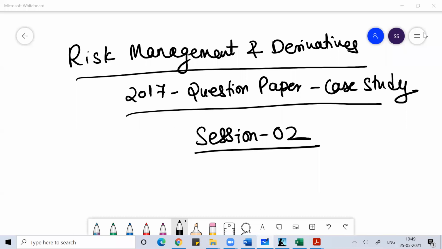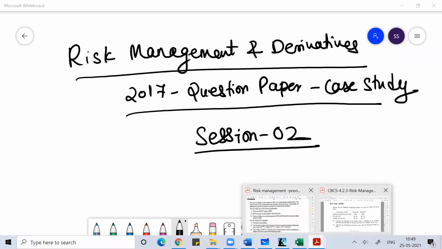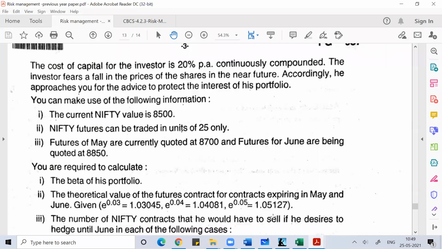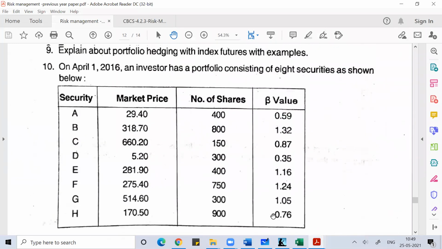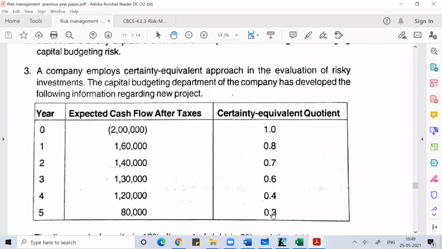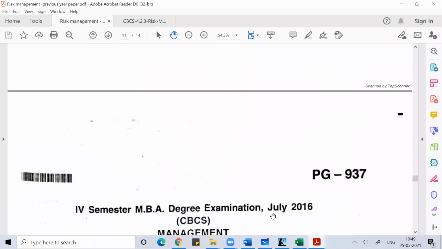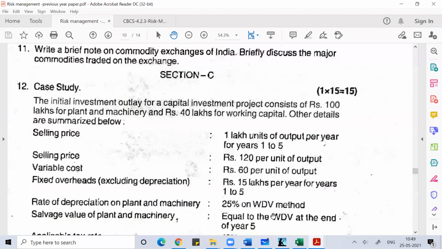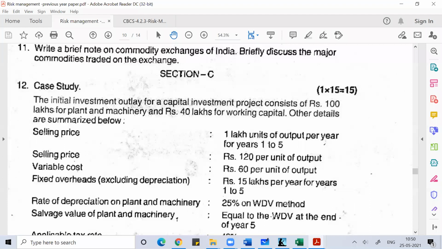Last class we started solving the question paper of this topic, sensitivity analysis, which came in the year 2017. This question came for 15 marks in 2017.